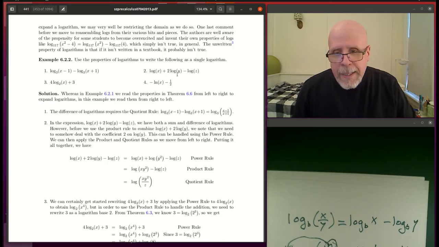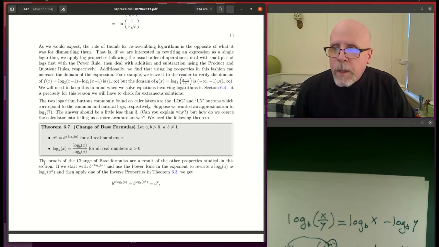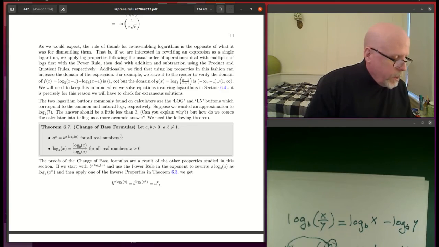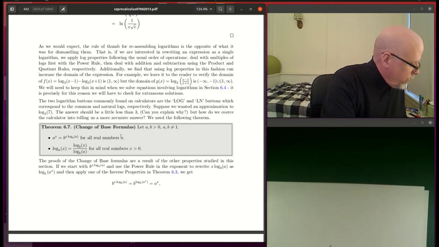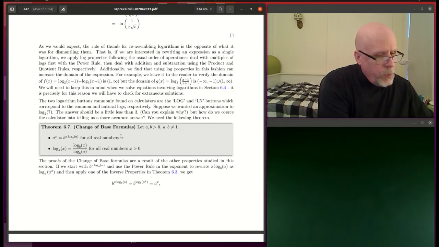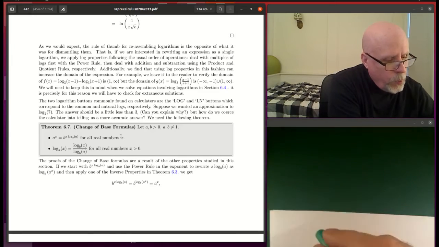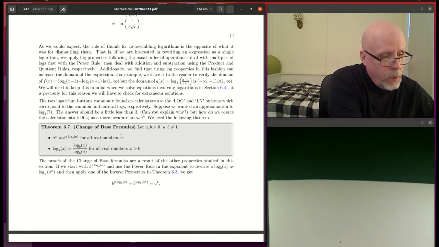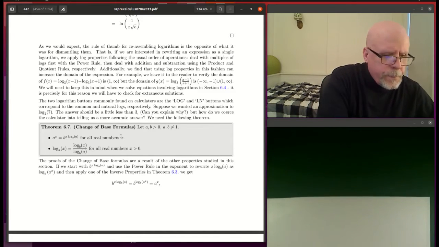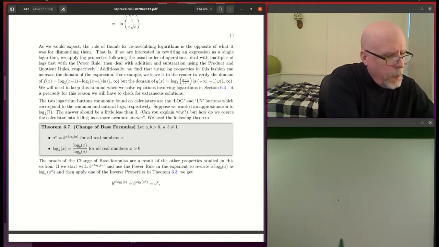So the last thing we're going to need in this section is called the change of base formula. Now, they do the change of base formula generically, and I'm not real crazy about that. I want to show you 2 different versions of the change of base formula. One of them for log base 10, and one of them for natural log.